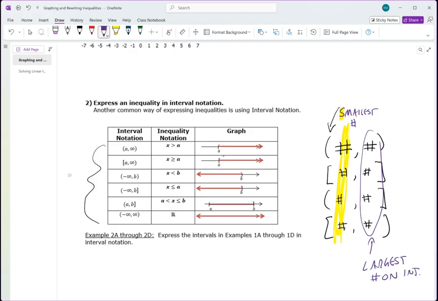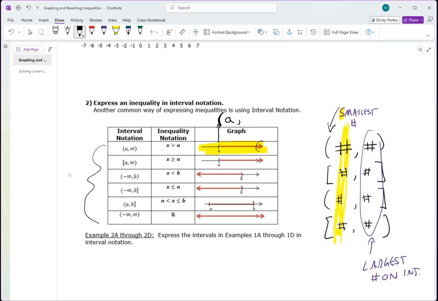So when I look at this graph, my smallest value is the value that's furthest left. That's the number that goes on the left, and I'm just going to match the graph's parenthesis.